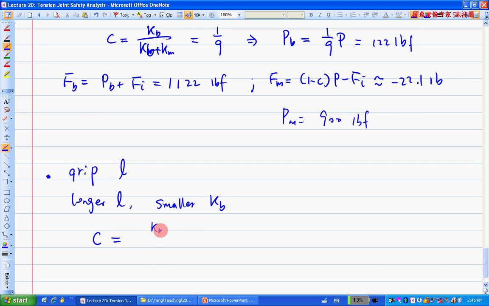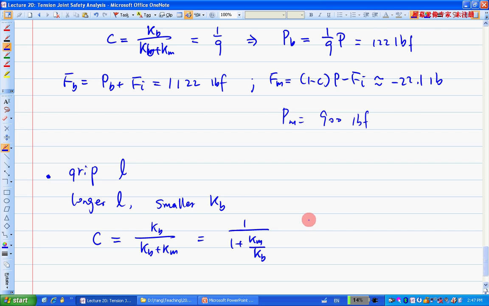C value is Kb over Kb plus Km. So smaller Kb means the C will be smaller.